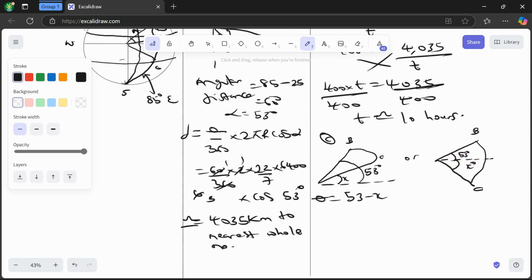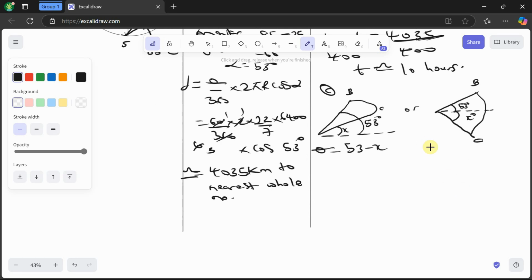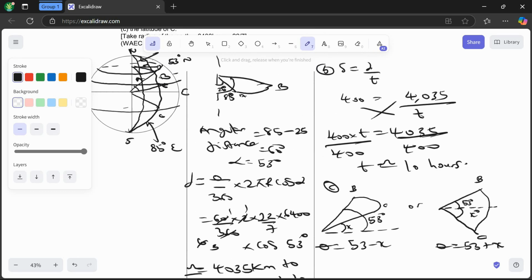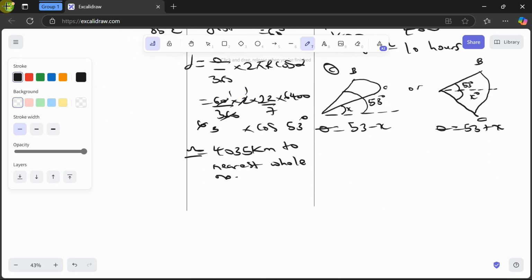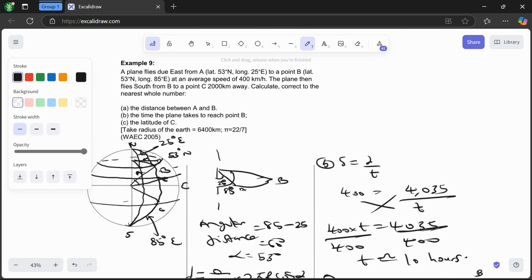So in this case the theta will be 53 plus x. Remember, it's a line along the same longitude, so we are fine. The distance is 2,000 kilometers. Let me use this first one. Our d here will be theta over 360 times 2 pi r. They said the d is 2,000 kilometers, just to be sure. 2,000. Great.